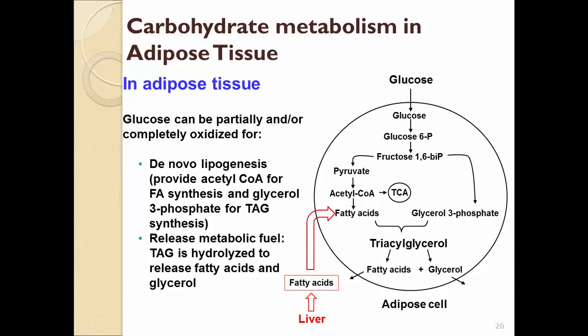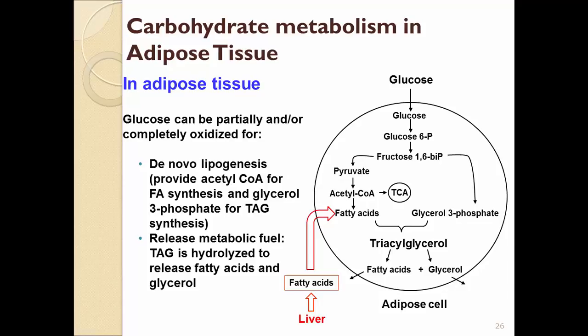Okay, so adipose tissue. We know the main function of adipose tissue is to store triglyceride, right? And triglyceride is usually formed from three fatty acid molecules and one glycerol backbone, right? And the majority of fatty acids actually come from circulation.